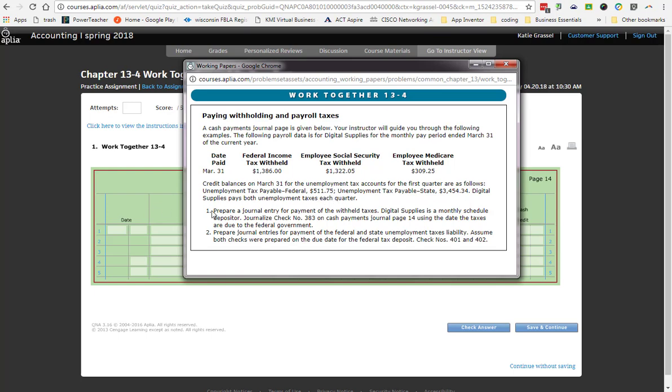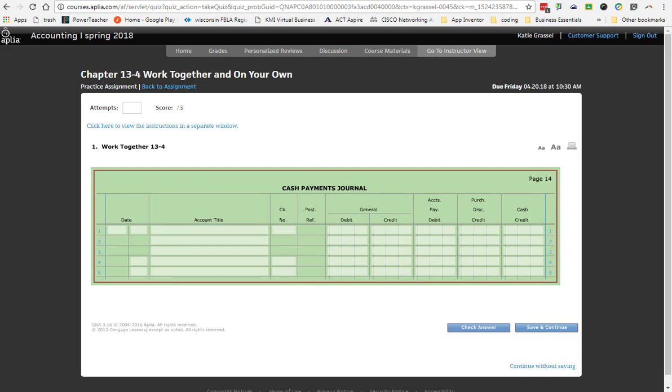So the first thing I need to do is prepare a journal entry for payment of taxes withheld. Digital supplies is a monthly scheduled depositor. So journalize check number 383 on the cash payments journal, page 14, using the date the taxes are due to the federal government. So we have March 31st is going to be the date that we have to pay this.